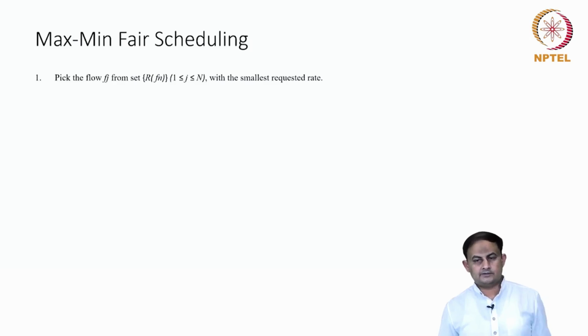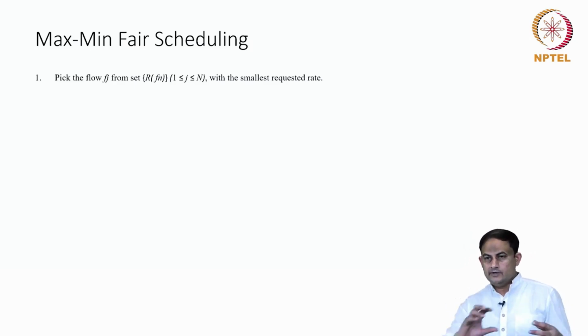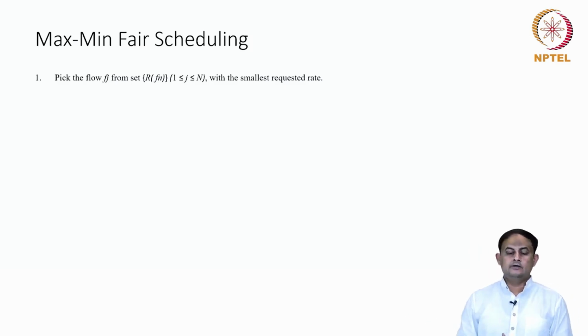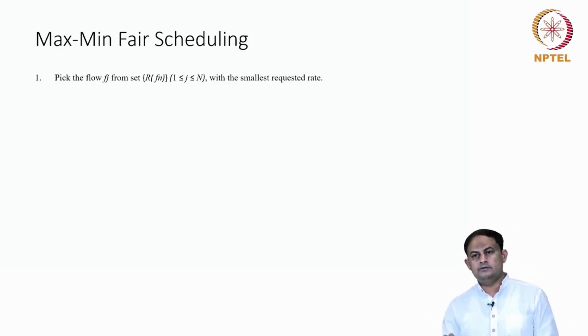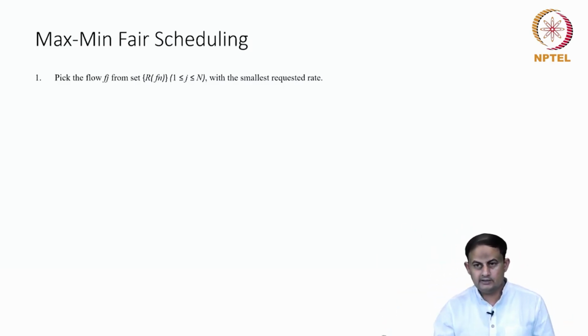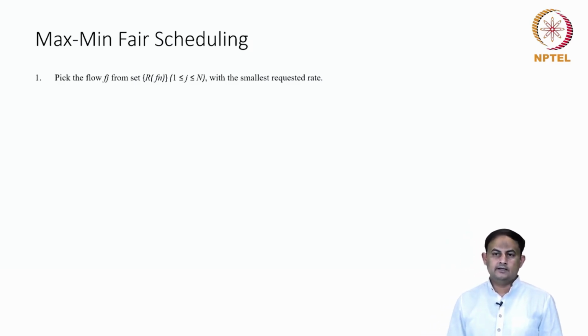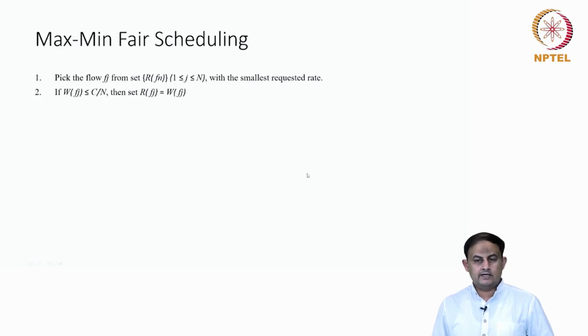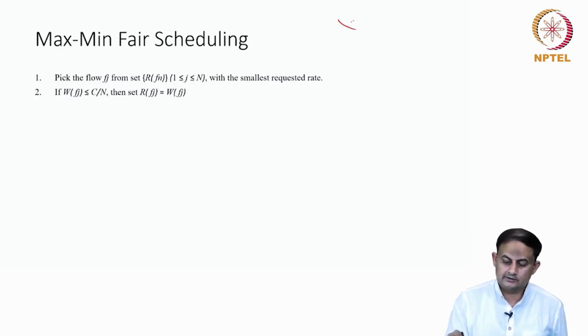The way it works is, every user is transmitting at a certain rate, and the jth flow which has the minimum transmission rate among the n users, you pick up that user first and then see what he is asking for. If Fj is asking for a fair share of the bandwidth, so C is the, look at this diagram.